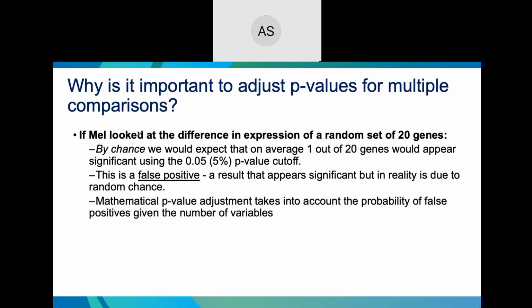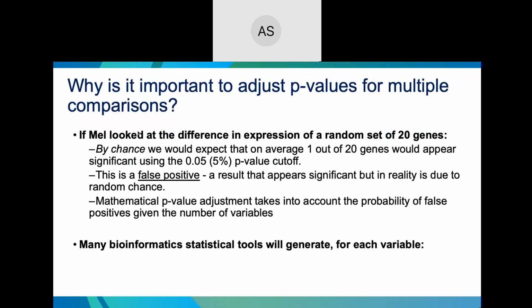In order to take into account the probability of false positives, we adjust our p-values using some mathematical and statistical adjustment. And the adjustment is dependent on the number of variables. So with high dimensionality data, the chance of getting a false positive goes up the more variables you have. So the adjustment that you do to the p-value has to change to take into account the increasing probability of false positives.